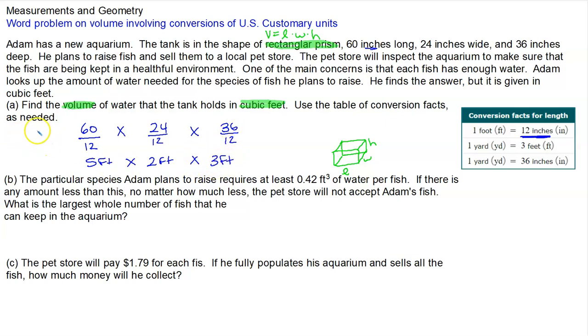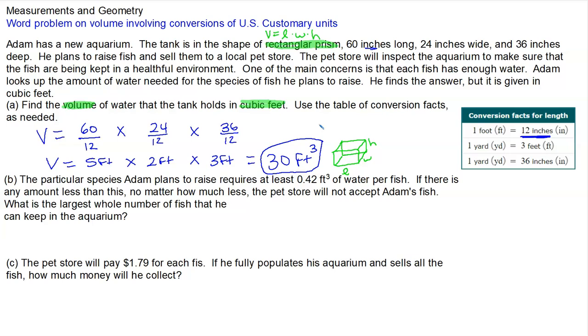Now our volume, the length times width times height in cubic feet, is 5 times 2, which is 10, and 10 times 3, which is 30, and feet times feet times feet is feet to the third power, or cubic feet. So the answer to part A is that this tank can hold 30 cubic feet of water.